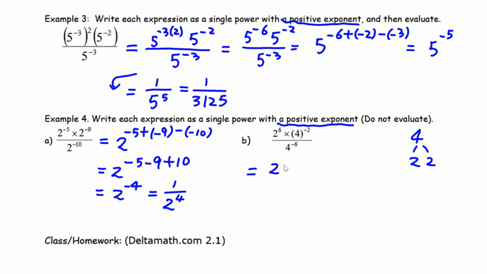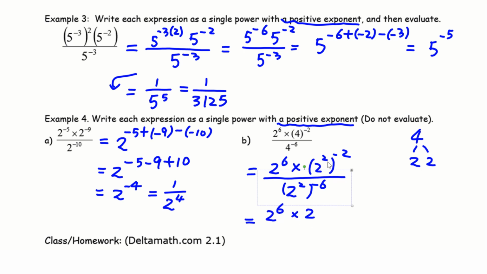So 2 to the exponent 6 times 2 squared, bracket negative 2, all over 2 squared, negative 6. Then power of power is multiplication of the degrees. So times 2 to the exponent 2 times negative 2 gives you negative 4. Then all over 2 to the exponent 2 times negative 6 is negative 12.